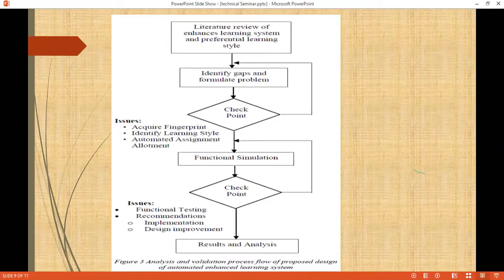And acquiring the fingerprint, the first issue is that after the literature survey, when he gives the fingerprint, the fingerprint should be very clear, and there should be no wrong prediction in that. The fingerprint should be taken complete. Every dermal line should be visible.